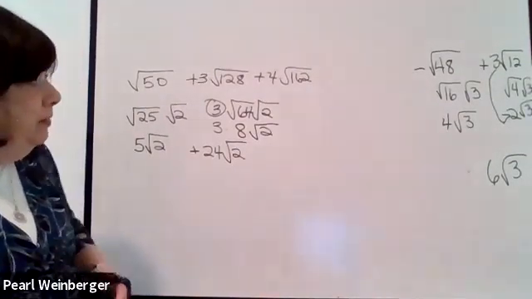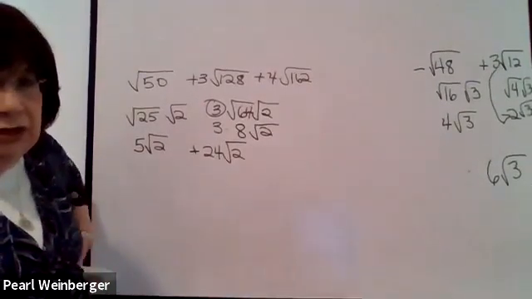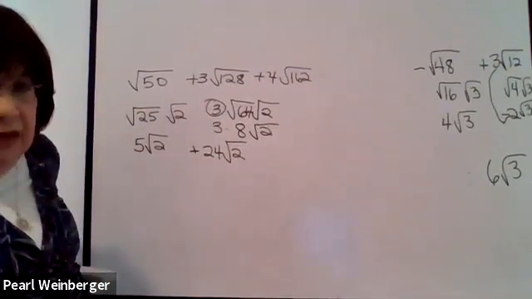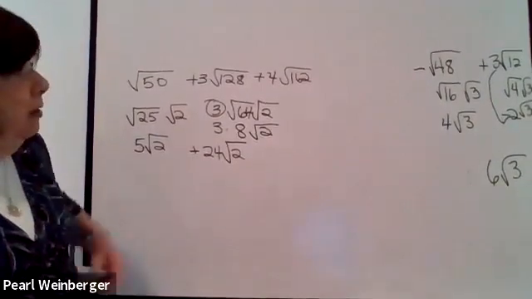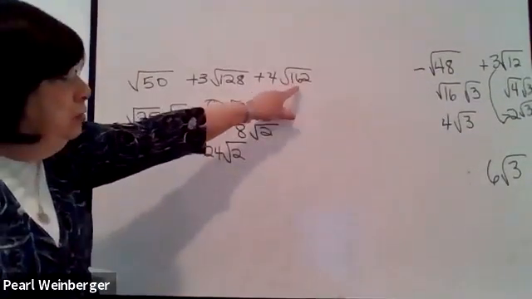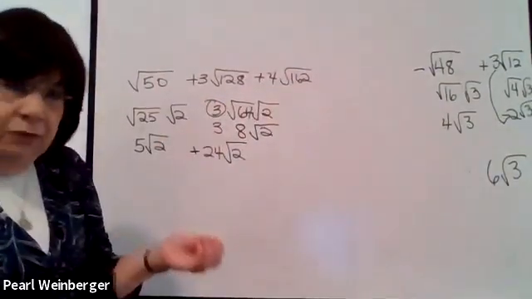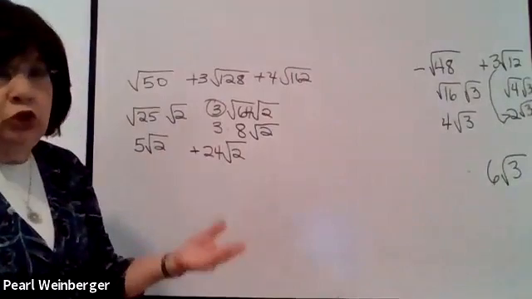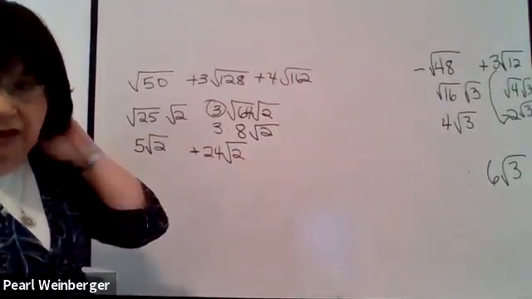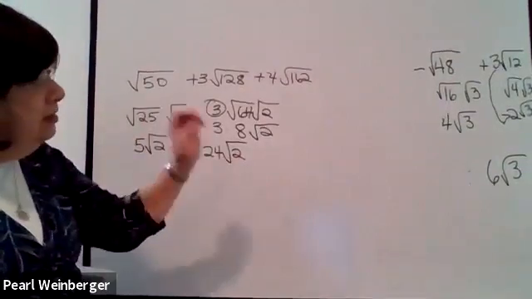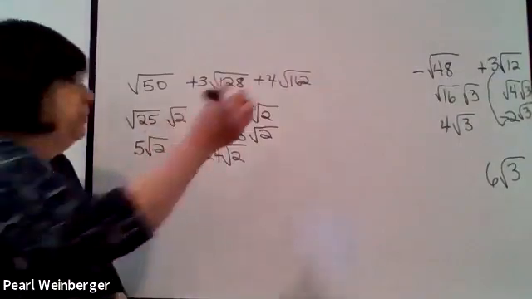So if you have a calculator and you're not quite sure how to use it, if you send me a picture, I can probably give you some instructions on it. But it's always a good idea to try and divide the number inside the radical, if it's not a perfect square, by a number like 2 or 3 or even, let's say, 5. Easy numbers, and see if that makes the other number a perfect square.